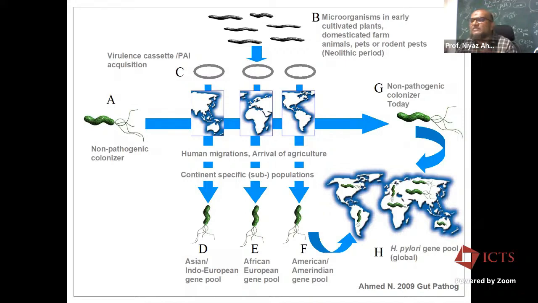And also when we juxtapose it to certain things that have also arrived in a geographical fashion, such as the evolution of agriculture, we get a scenario whereby it appears that some of the microorganisms which were present in early cultivated plants or domestic animals could have donated certain virulence apparatuses to Helicobacter, and through horizontal gene transfer, it would have acquired that level of fitness in order to spread in a geographical manner.